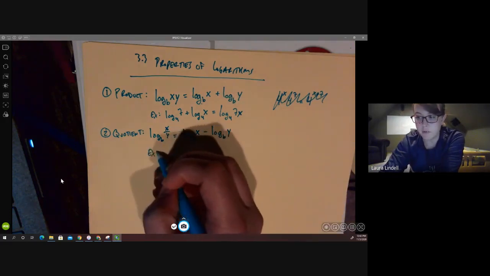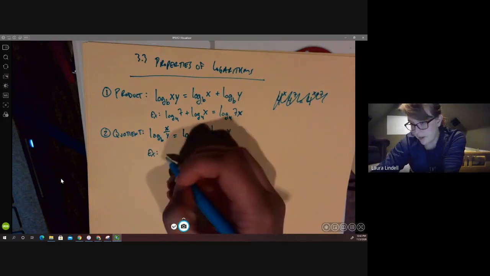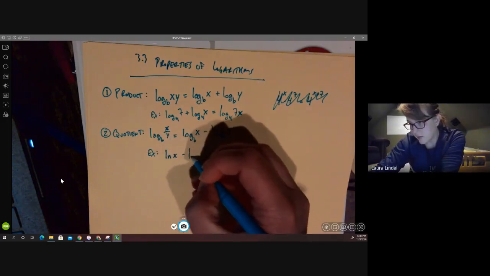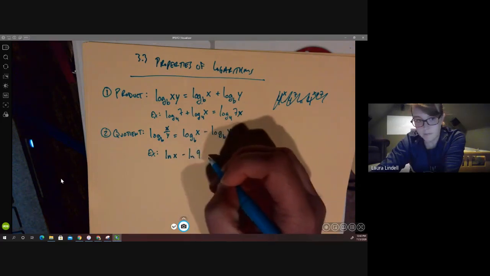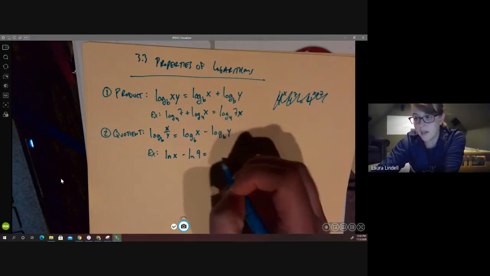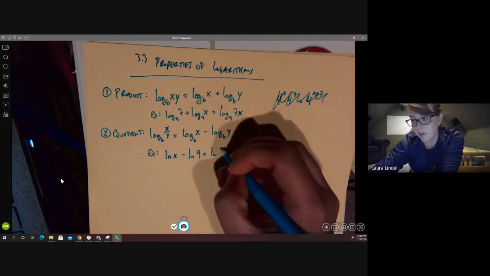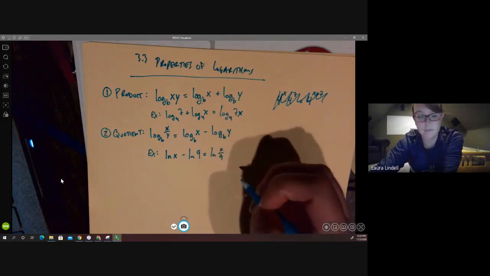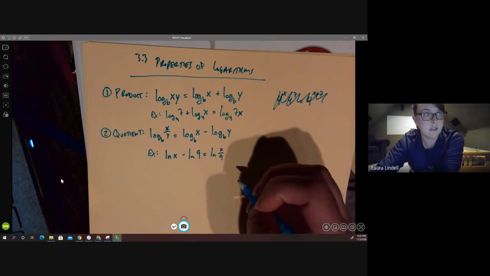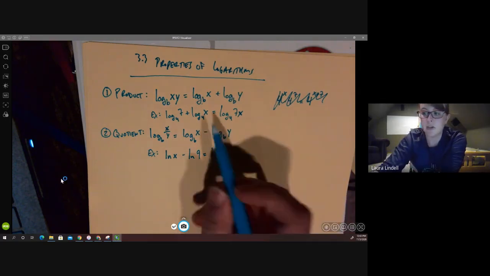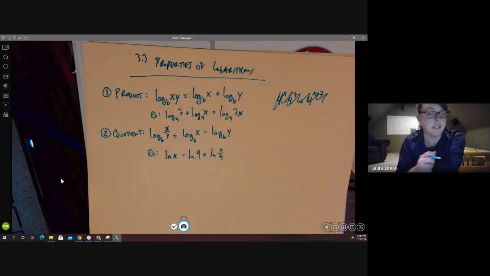So for example, if I have natural log of x minus natural log of 9, I can combine these and make it division and get natural log of x divided by 9. So I can condense things with subtraction. I can condense things using addition.